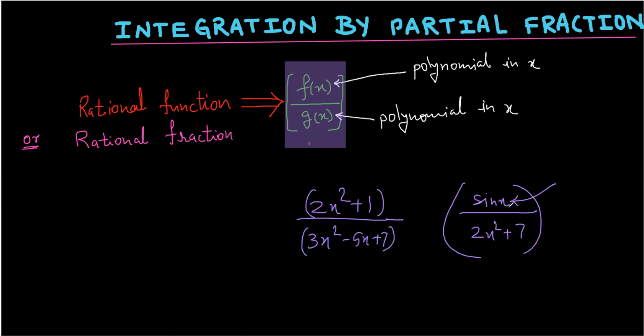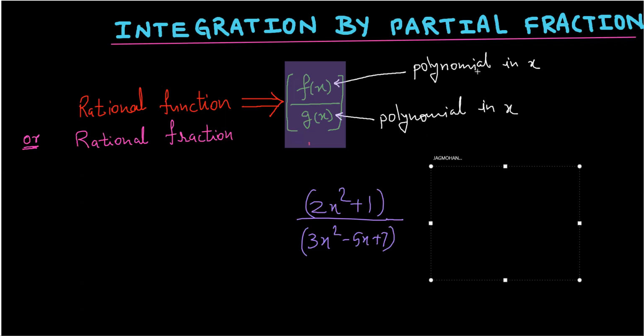So what we are referring to is strictly polynomial in x upon polynomial in x. It's a different thing that the degree of the polynomial in numerator and denominator could be different. Like here, the degree of polynomial in numerator is 2 and the degree of polynomial in denominator is also 2. I hope you all know what is degree of a polynomial.